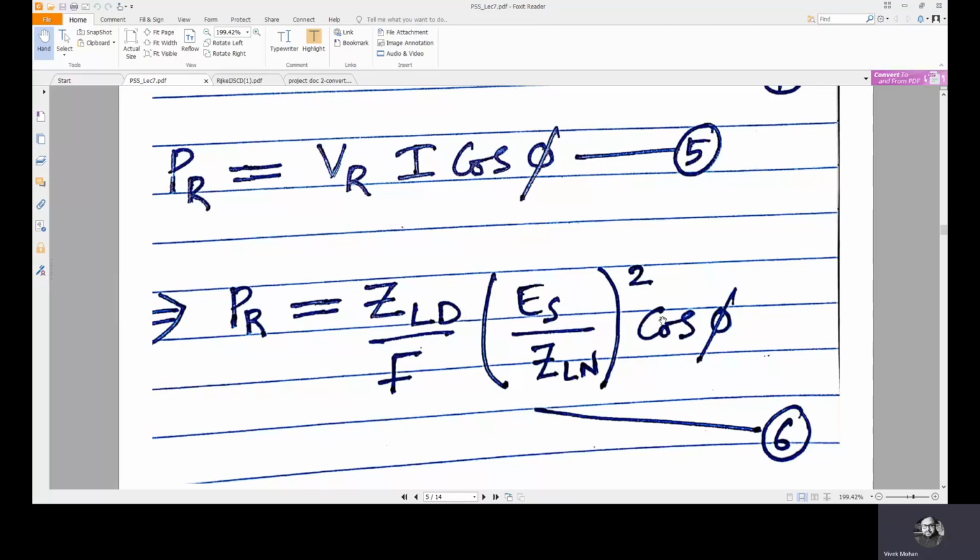VR by ES, in the sense we are trying to represent the receiving end voltage in terms of the sending end voltage, that is VR by ES, the percentage of receiving end voltage with respect to sending end voltage. We know that if there is a drop, then VR is less than ES. If 80% of the sending end voltage is only available at the receiving end, then 80% is VR by ES. So that is what we are trying to correlate.